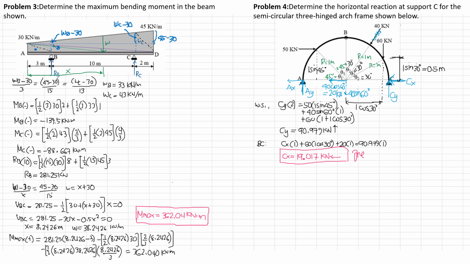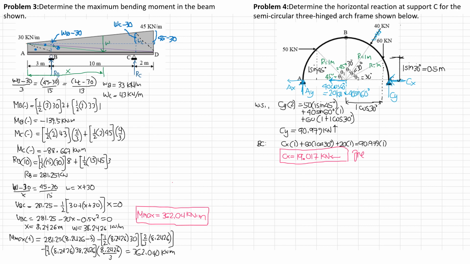That's one. Then plus 1/2 of 3 times 33 rather. This one. Then the moment arm is 1/3 of 3, so 1 meter. So one possible maximum moment, which is negative, which is occurring at B, is negative 139.5 kilonewton meter.